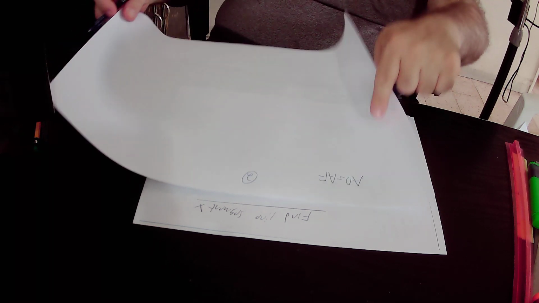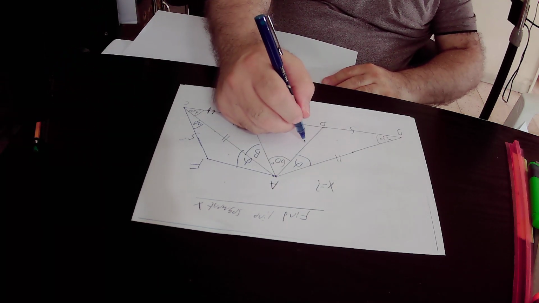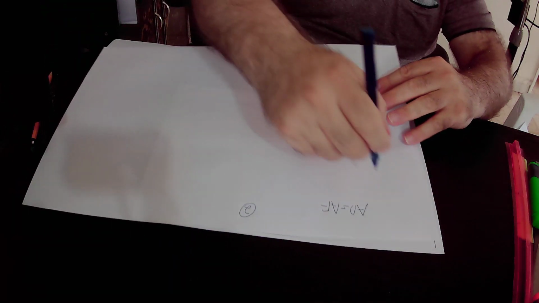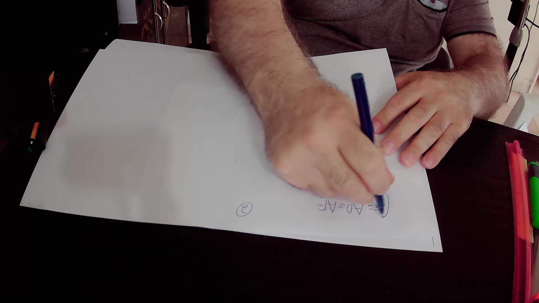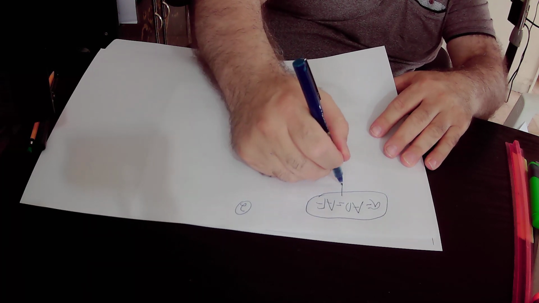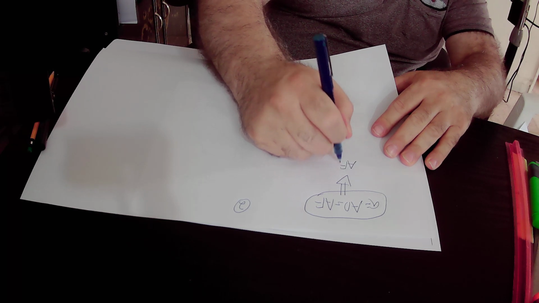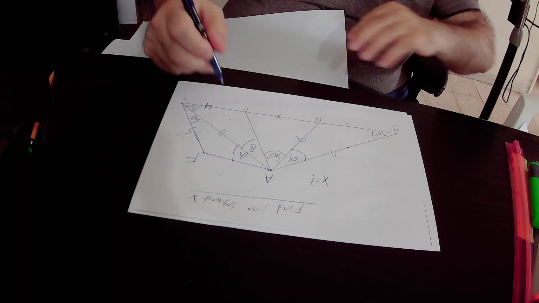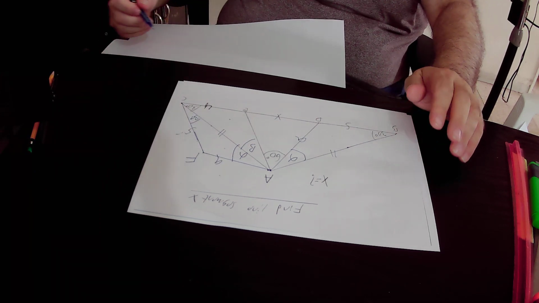Here, side AD equals side AF. So, if we define side AD as a, that is to say here side AD equals a, then according to this equation a equals AD equals AF, we derive that side AF is also equal to a. So we found out that side AF equals a.